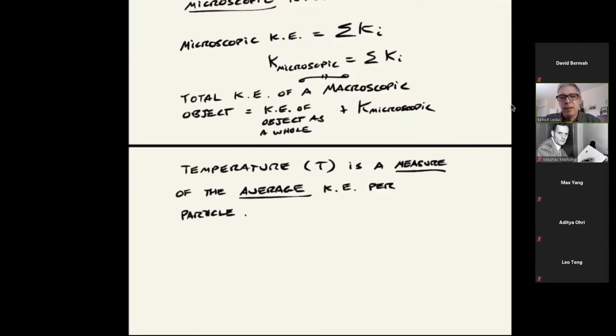All right, that's what temperature is. Temperature is related to the average kinetic energy per particle.